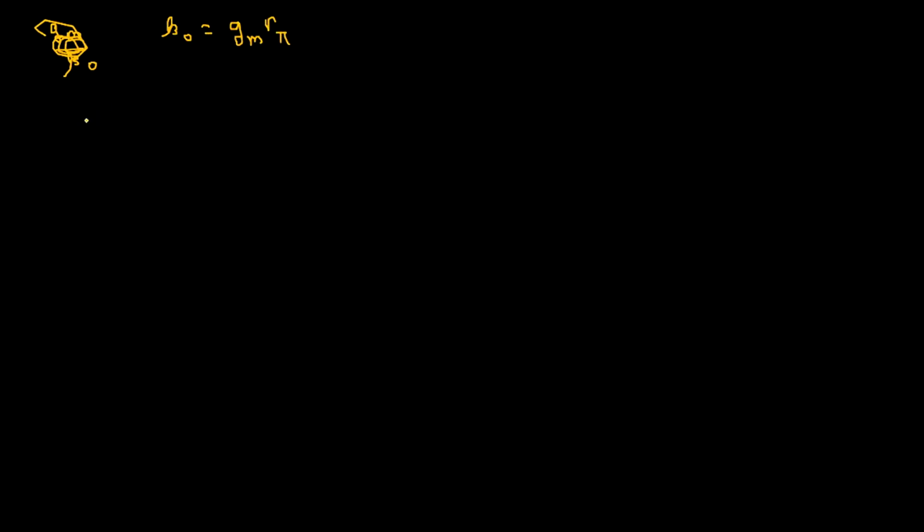So we know beta naught and we know GM. Let's find R pi. R pi will be beta naught divided by GM, which gives us 100 divided by 0.04, 2.5 kilo ohms.